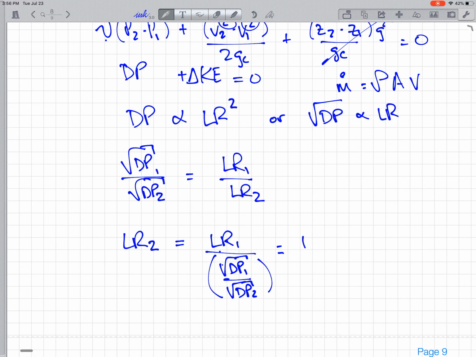Now that is going to equal 100 gallons per minute times the square root of 20 psig divided by the square root of 60 psig. Now there's other little ways to do that, but this will work. Just plug it into the calculator now. Turn it on first.